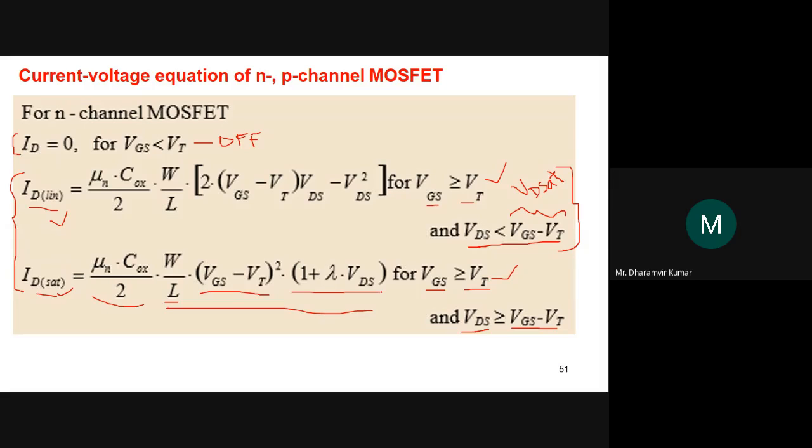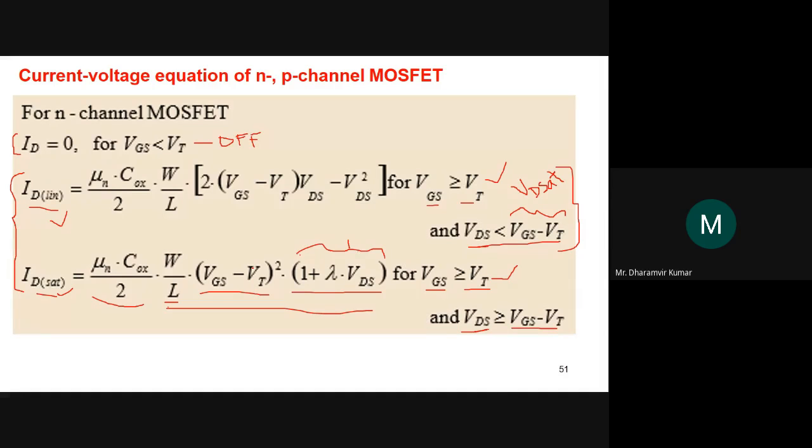Okay. So many a times in the question, you may take this effect into your calculation, or you may ignore this also. So this will depend on the question that is being asked. But still, for the sake of showing here, it has shown the effect of channel length modulation here.